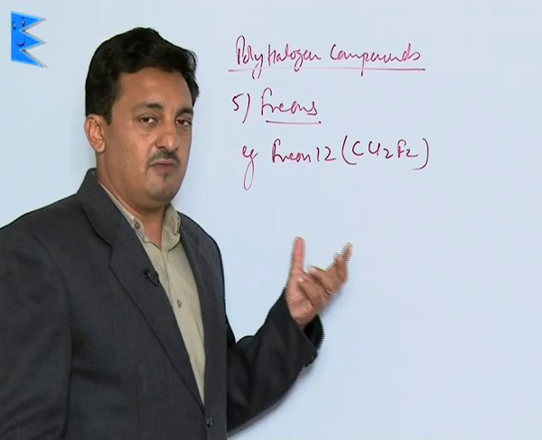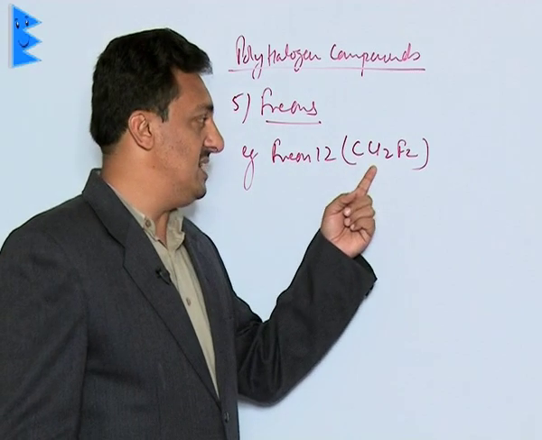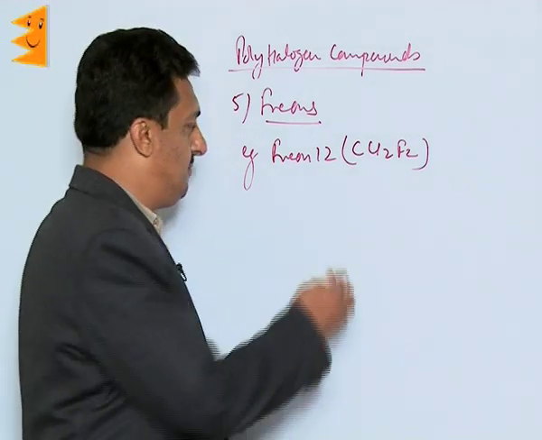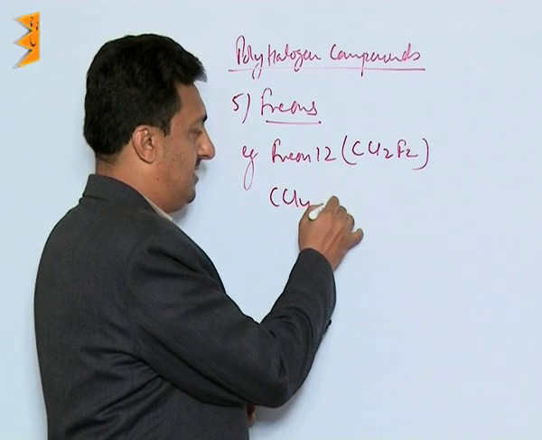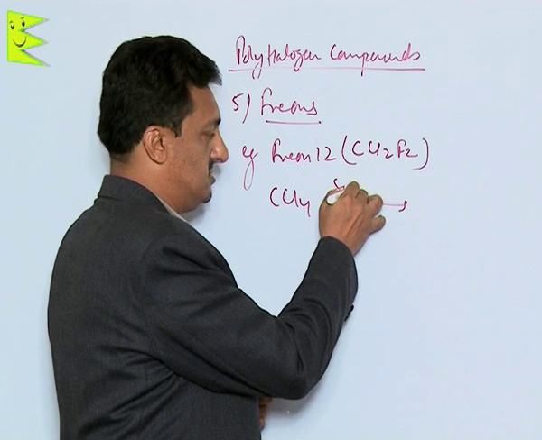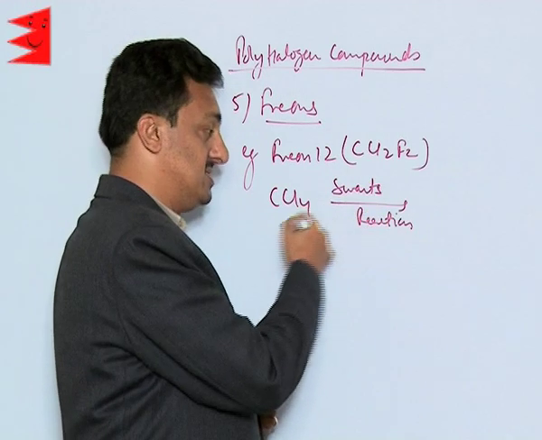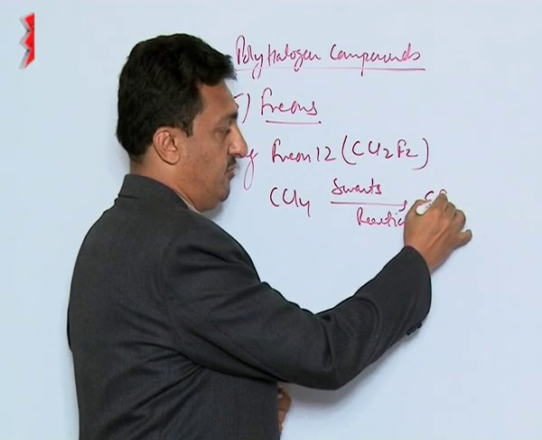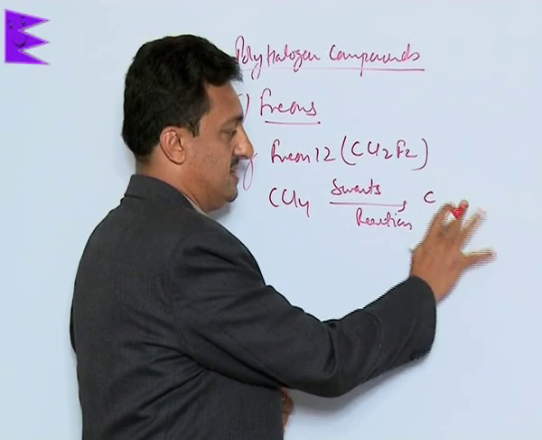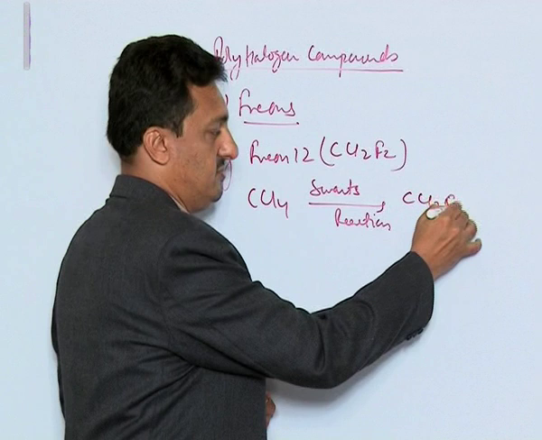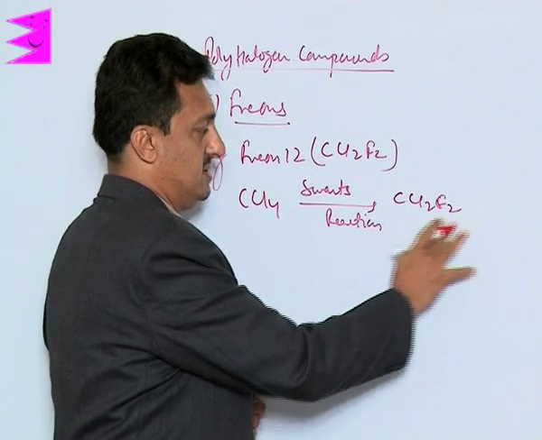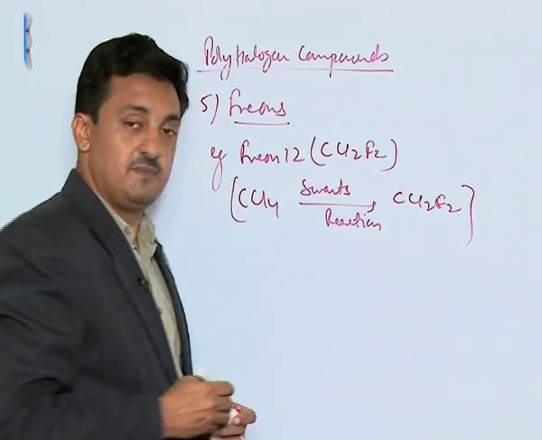The most common of these is freon 12, CCl2F2. It is mainly prepared when carbon tetrachloride, CCl4, by the Swarts reaction, replaces two chlorines with two fluorines, and we get CCl2F2. This is its normal preparation.